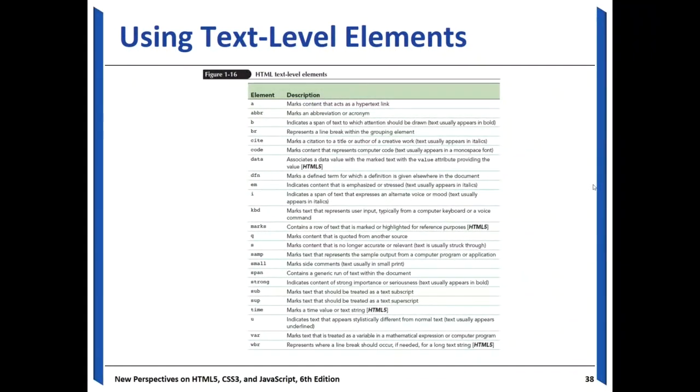We have a lot more codes in here. Like I said, we're not going to go through every one of these. A couple ones. A is going to mark content for hypertext link. B is a span of text, which attributes are going to be drawn, and the text is going to appear in bold. Okay, so B will make it bold. BR is going to be a line break. EM is going to make your text in italics.